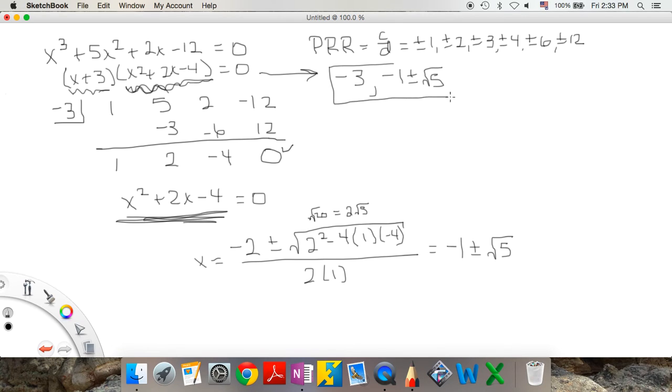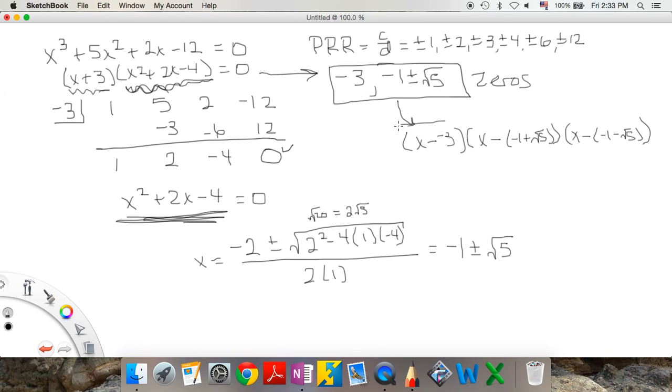So here's the zeros, which means if this is the zeros, that means the factors are x minus negative 3, x minus negative 1 plus the square root of 5, and x minus negative 1 minus the square root of 5. So these are the factors. Make sure you pay attention to which is which.